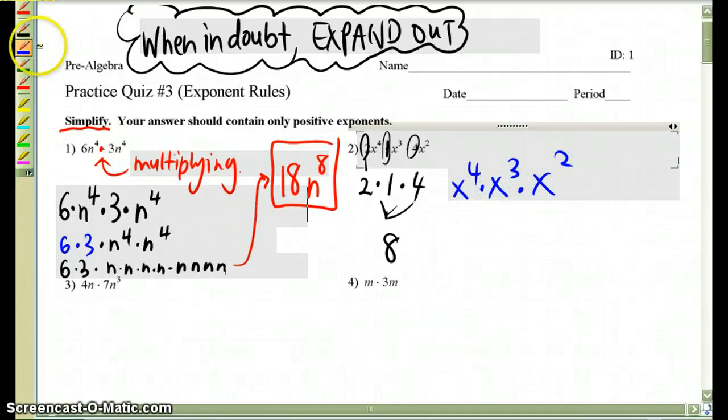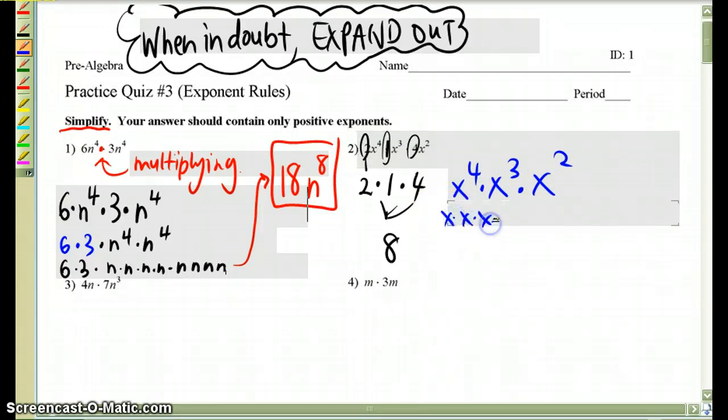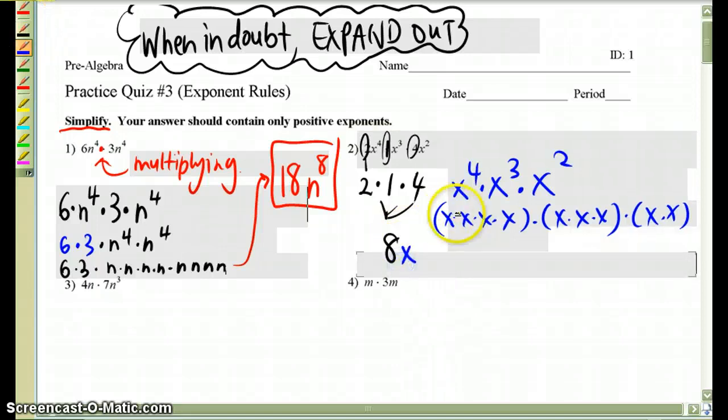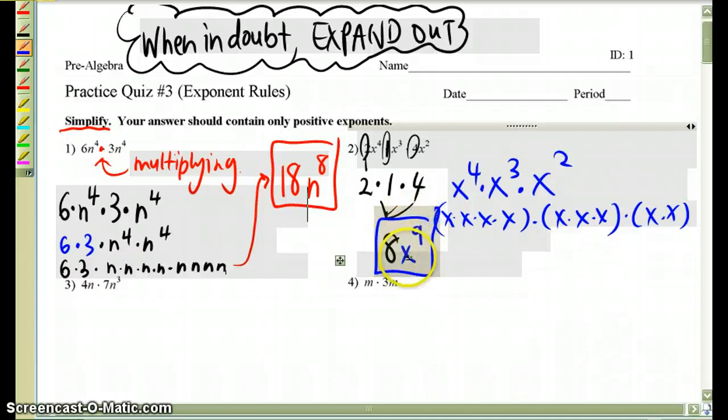And if I wanted to expand it out, I could write x times x times x times x, and then times another x times x times x, times another x times x. Okay, I could count them all up, which would then give me x to the 4, 5, 6, 7, 8, 9, and that would be my final answer. 8, x is the base, and 9 power.